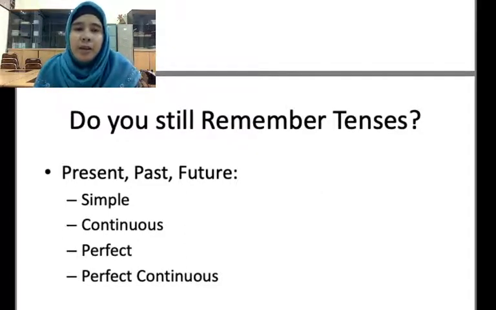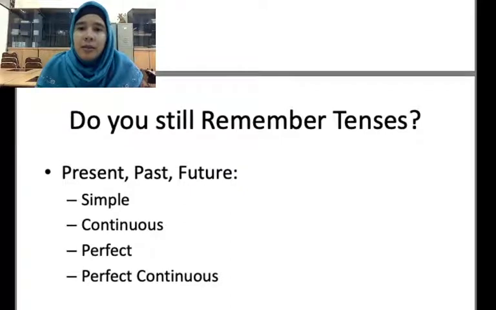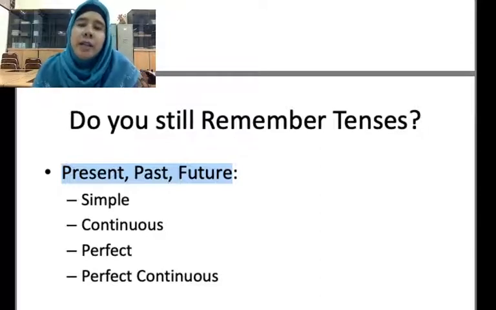Okay, let me start with the tenses firstly, because the passive voice is also related to the tenses, just the same like the active voice. I have already explained to you about the tenses, everyone. There are three main divisions of the tenses that I have already explained to you: the present, past, and the future.